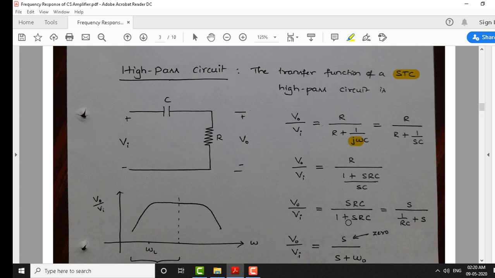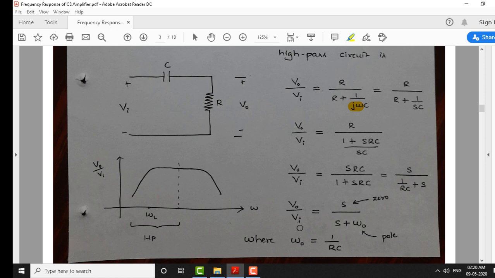Again, bringing RC to the denominator, the transfer function is s divided by 1 by RC plus s. Now 1 by RC can be denoted as omega naught. Since this is a high pass filter, omega naught represents the lower cutoff frequency omega L here. So omega L and omega naught are both going to be equal.